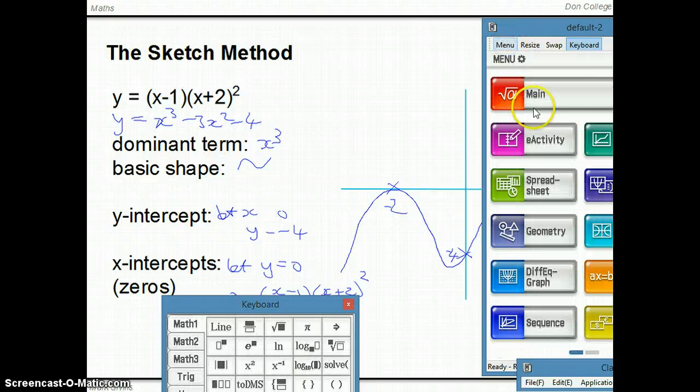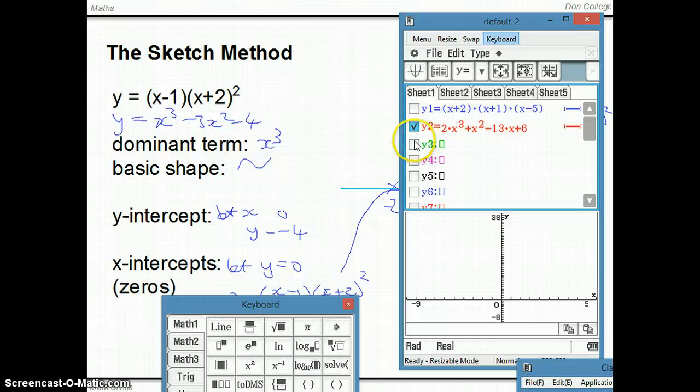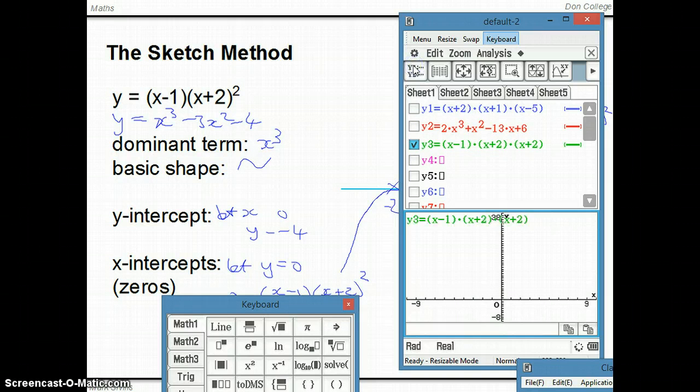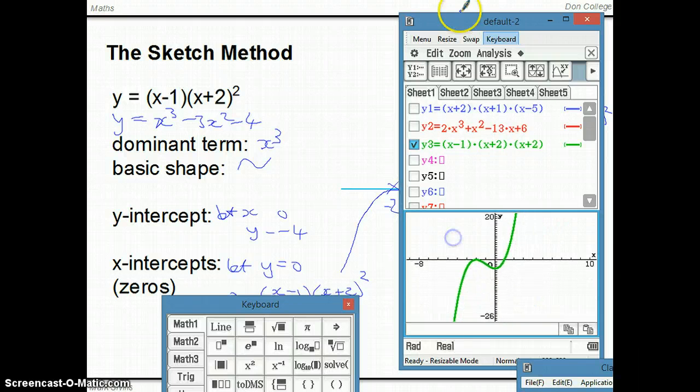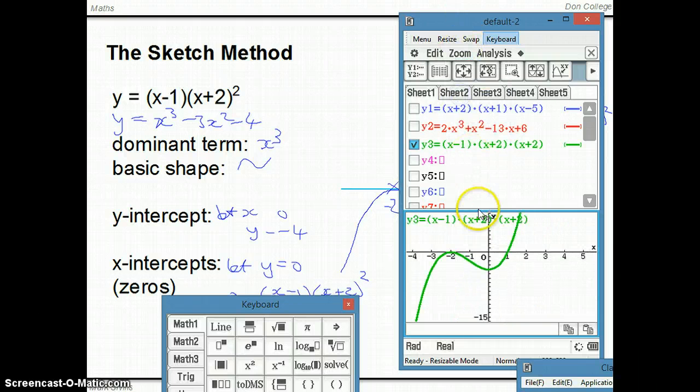If you go to graph, we'll do a new one here. (x minus 1)(x plus 2)(x plus 2). We'll just check and see what that one looks like. Yeah, actually it's pretty close, isn't it? So we might want to just zoom in on that if we can. Yeah, interesting one.